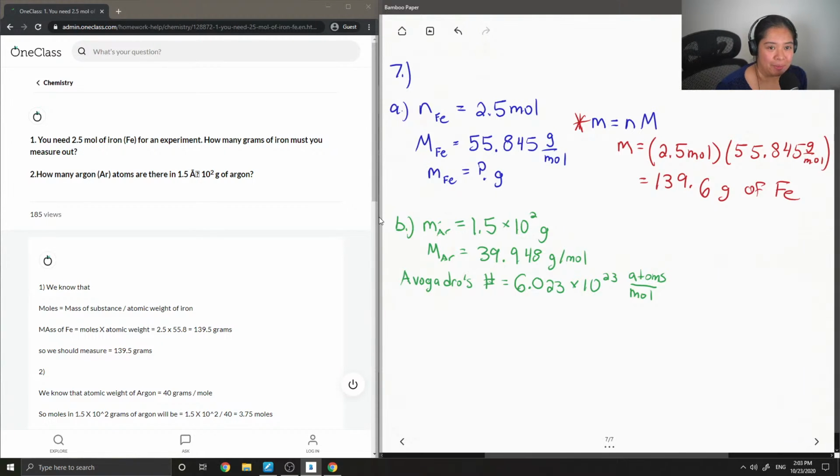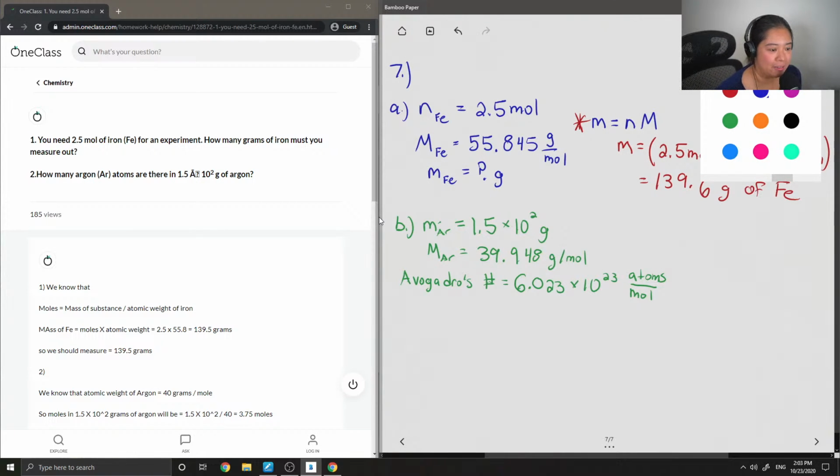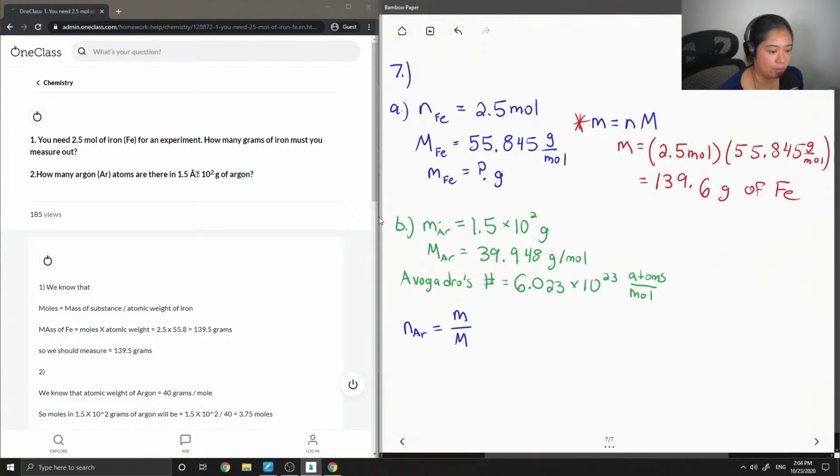Not like cool, but anyways, so the first thing we're going to do is calculate the number of moles of argon. So to do that, it's going to be mass over molar mass. So it is 1.5 times 10 to the 2 grams over 39.948 grams per mole.